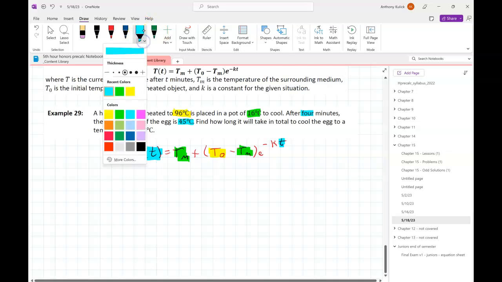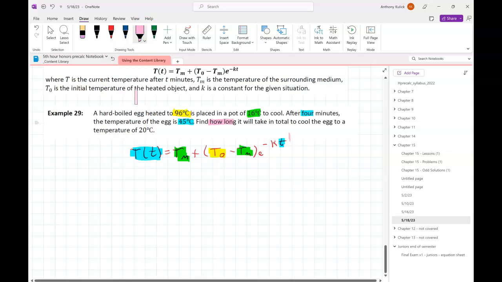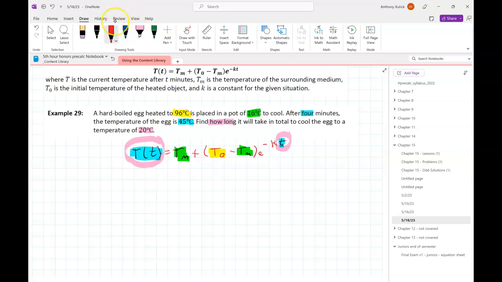And what we're asked is how long, so we're solving for t when the temperature is 20 degrees. What information has not been given to us at any point? The k.